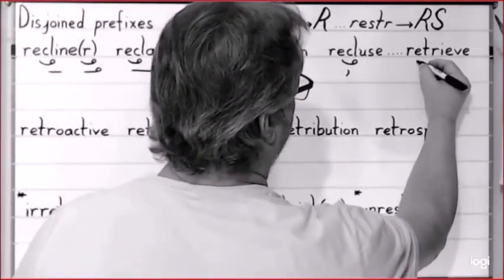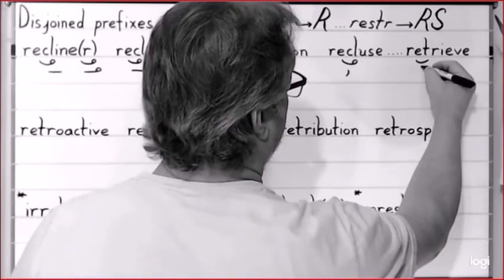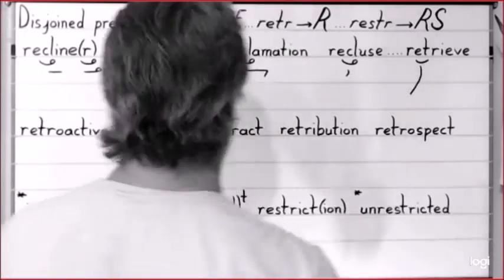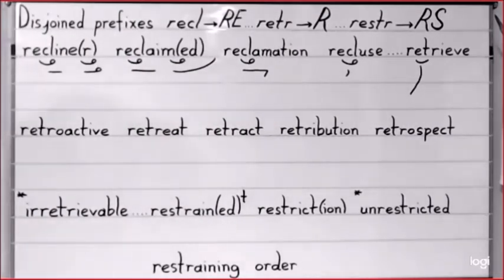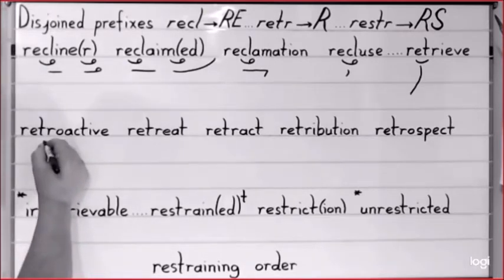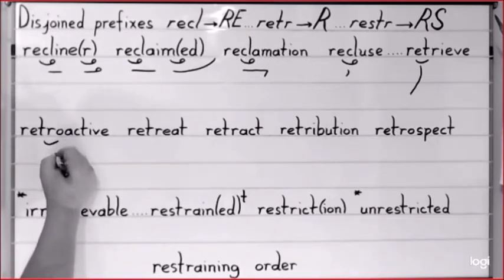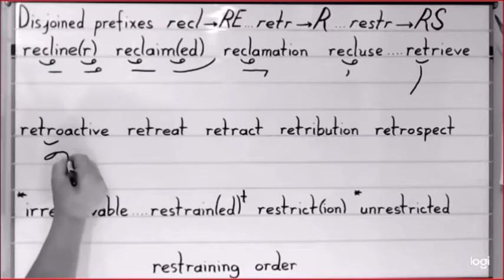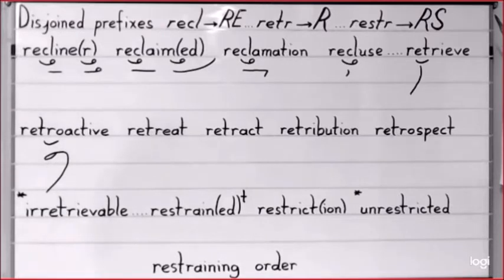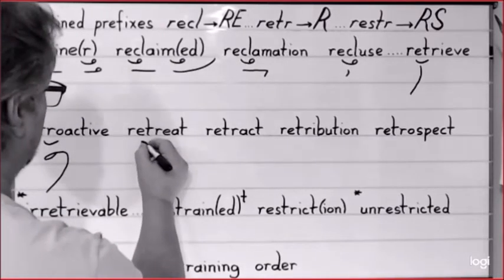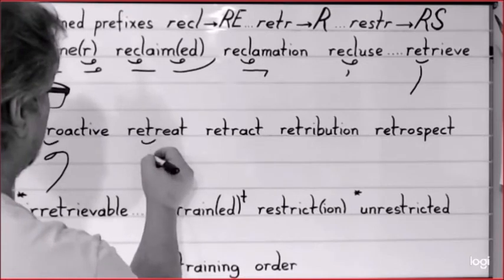For retrieve, it is R and then a V. For retroactive, it is an R, an A, K, V. For retreat, it is an R and a T below it.